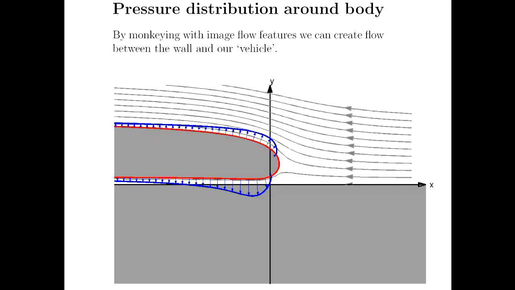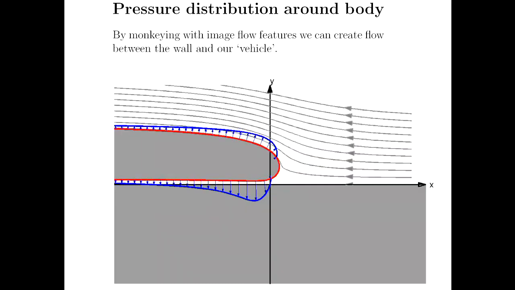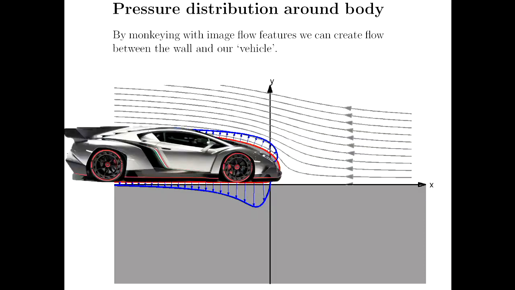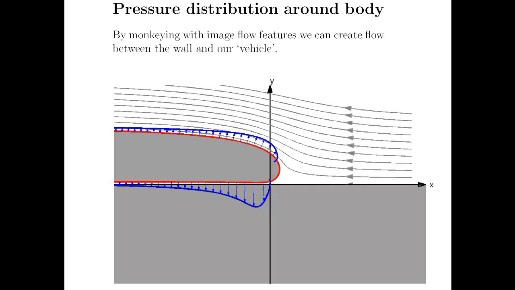So this vehicle, you can see that there is very low pressure occurring at the bottom of this vehicle. And as I make it even closer to the wall, you can see that I have very, very low pressure at the bottom of the vehicle, and I have a net downward force acting on this vehicle.